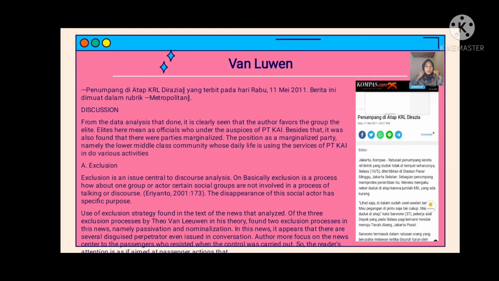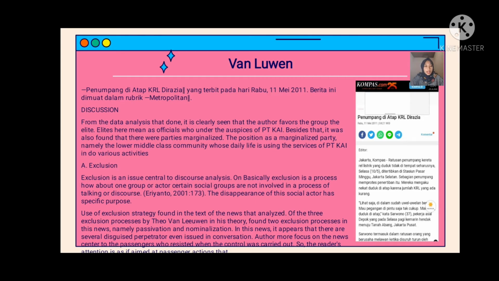As we know, Van Leeuwen emphasizes exclusion and inclusion, or the marginalization of minority groups in the context of a text itself. So here let's analyze using the exclusion and inclusion framework from Van Leeuwen.